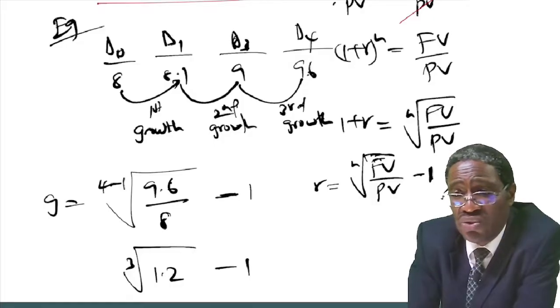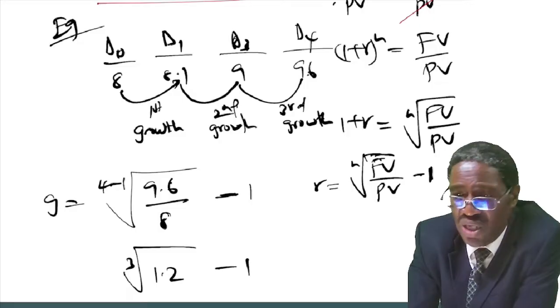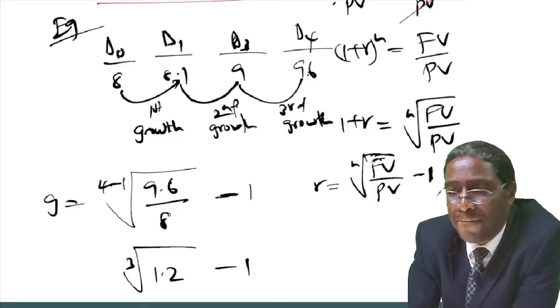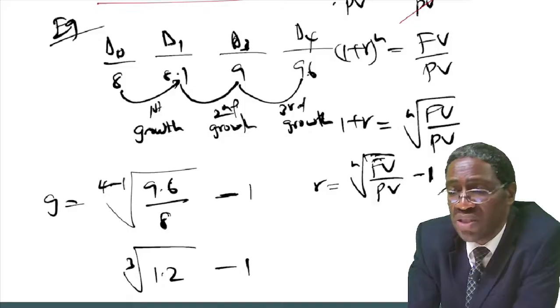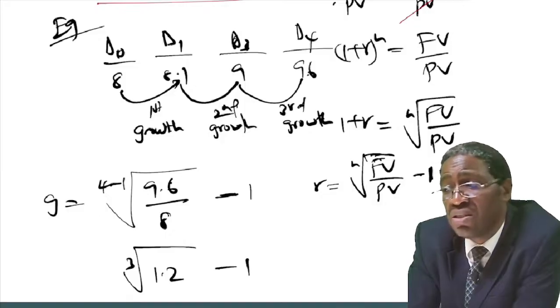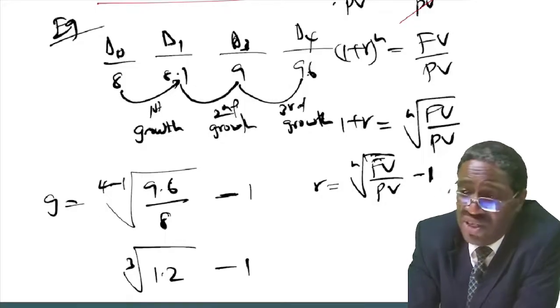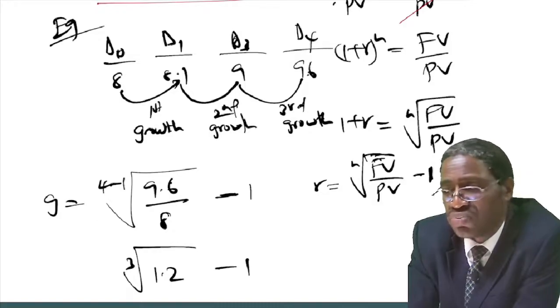G equals to 4 minus 1 root 9.6 divided by 8 minus 1. Copy that. 9.6 is the most recent dividend. 8 was the first dividend that was paid according to the record of the company at the record of the question.